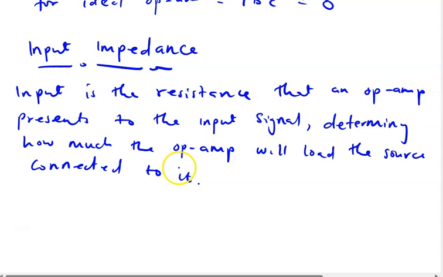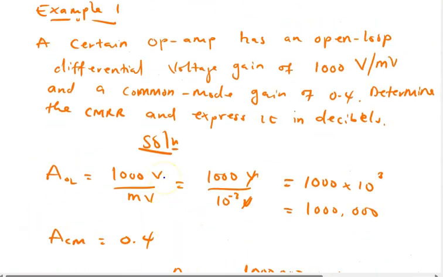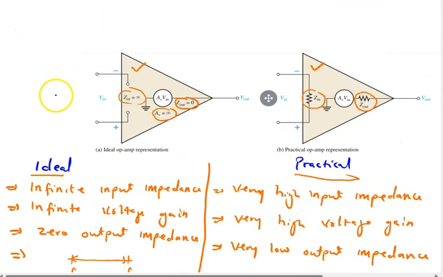Normally it is more like the resistance between this, right? So this is the input impedance. Okay, so it's nothing difficult.